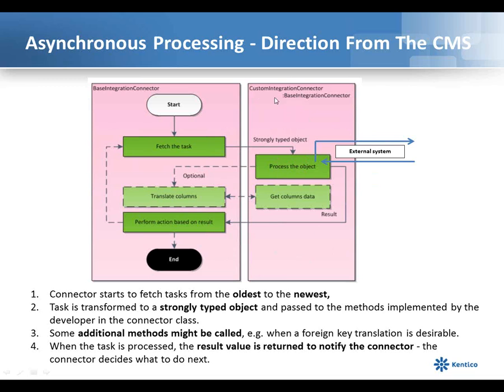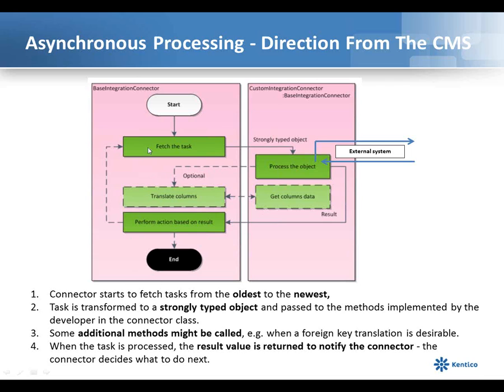So it's that easy. You go ahead and create your own class, which will inherit from, let's just say, the built-in base integration connector class of Kentico, and this is the base integration connector. So this gives you lots of features, so task queue and everything else. But here, that's the method that you're trying to implement.